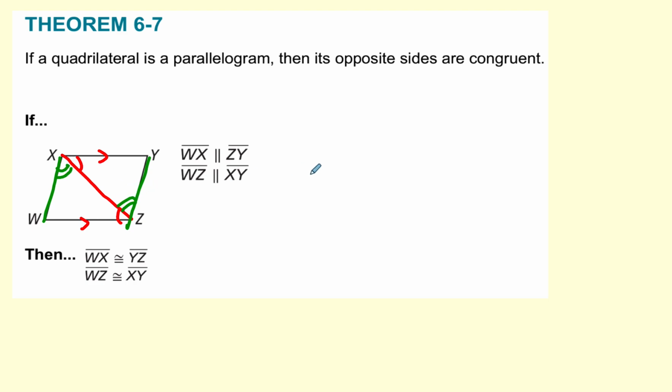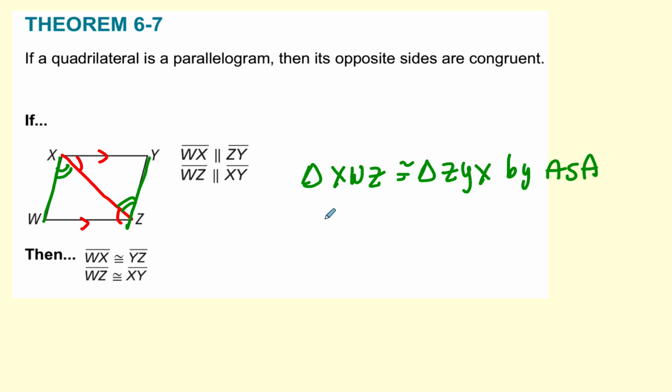So I can say triangle XWZ is congruent to triangle. Now remember, the X goes with the Z, and the W goes with the Y, and then we have X again, by angle, side, angle.